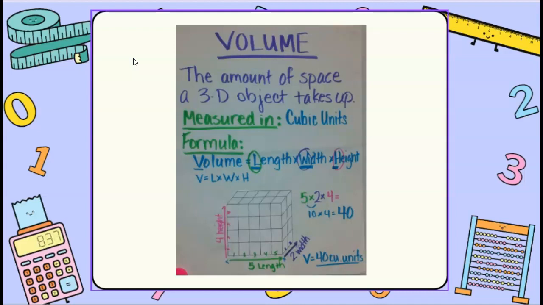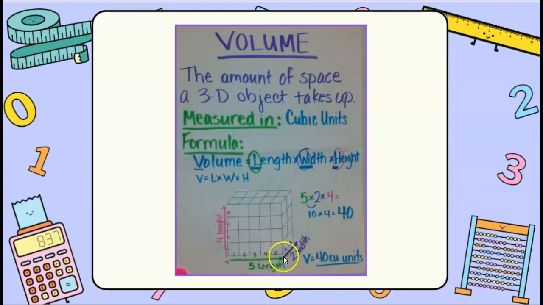For this, we're going to be focusing on rectangular prisms and using the formula volume equals length times width times height. Remember, the length is how long an object is.